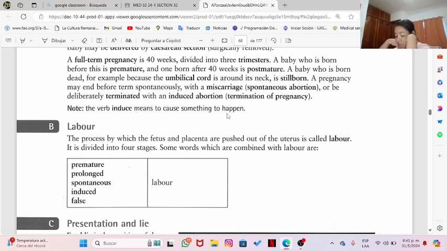A pregnancy may end before term spontaneously with a miscarriage, spontaneous abortion, or be deliberately terminated with an induced abortion, termination of pregnancy.